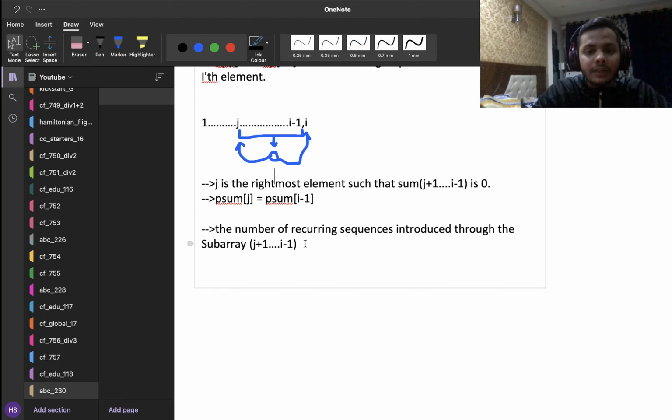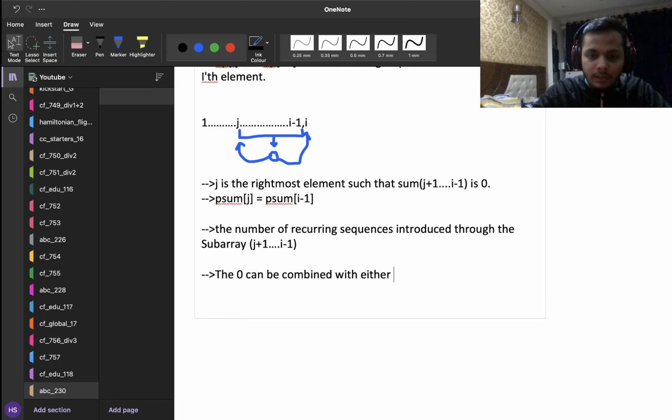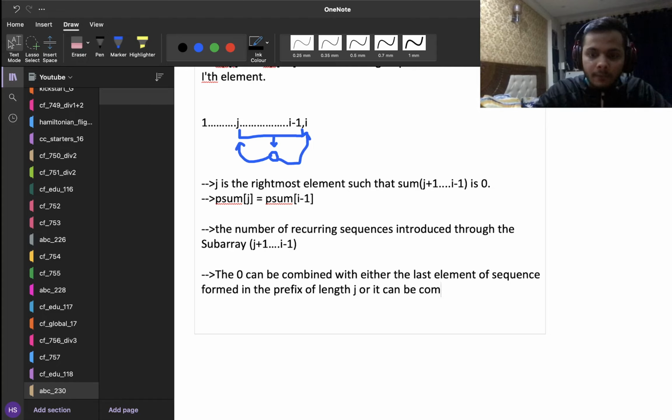So let's write that down as well. So the 0 can be combined with either the last element of the sequence formed in the prefix of length j, or it can be combined with just a of I, right? And these are the two cases.